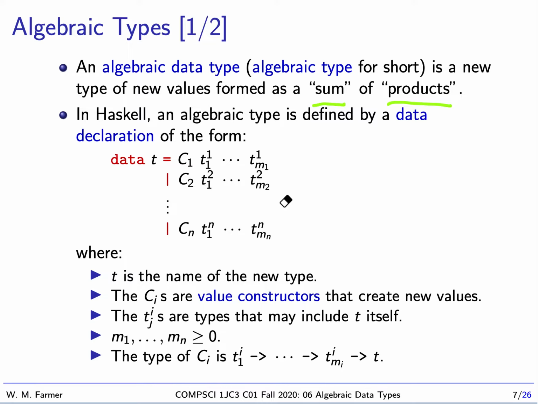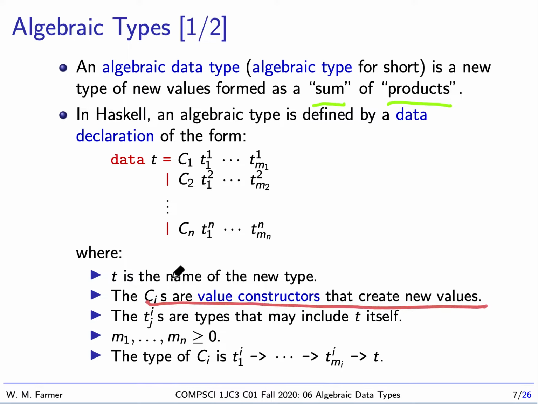If we give values from those types to C1, it constructs a new piece of data. It constructs, in other words, a new value. These value constructors are the crucial part of an algebraic type.